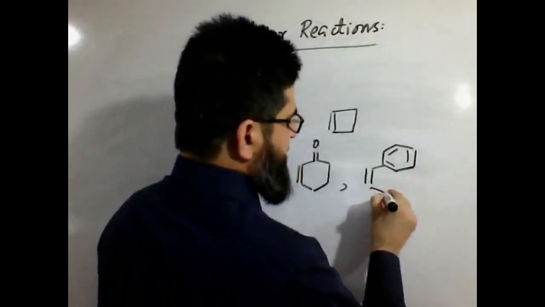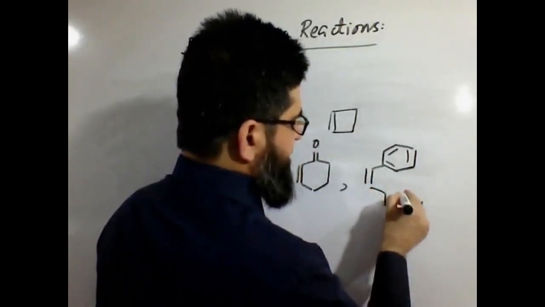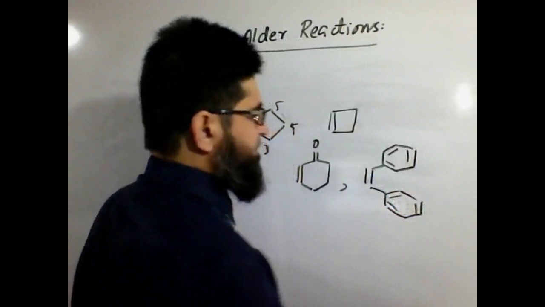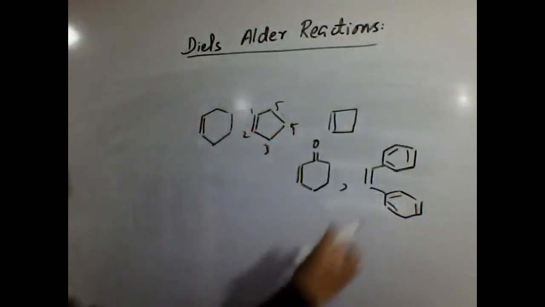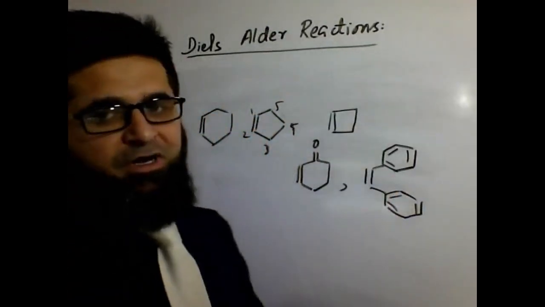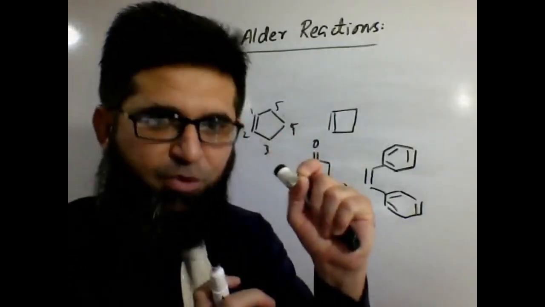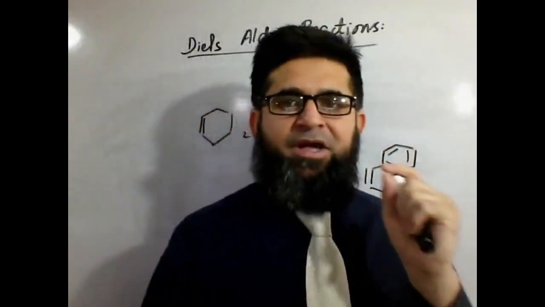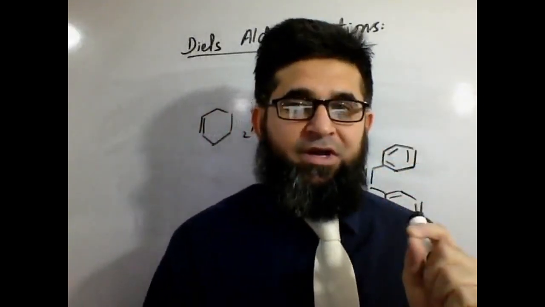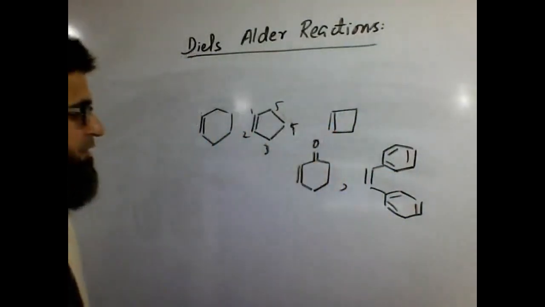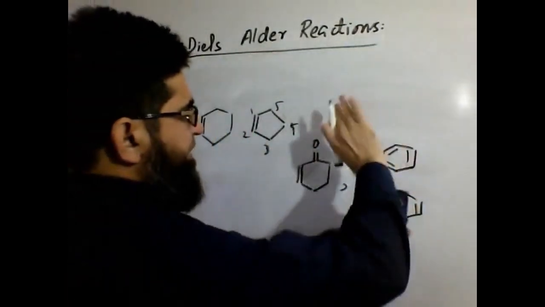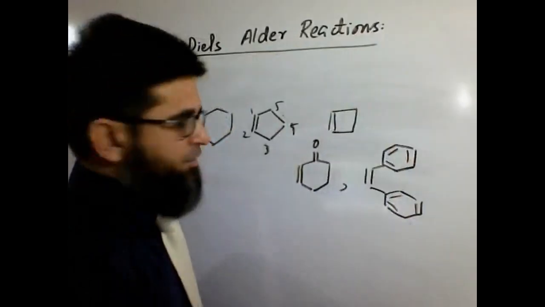It can have 2 benzenes. It's an unknown compound. No problems. A double bond is there. Unless one double bond is present, that body has to act as a dienophile, whatever the substituents are. It could be the other way around. The benzenes could be transposed. I can write it the other way.